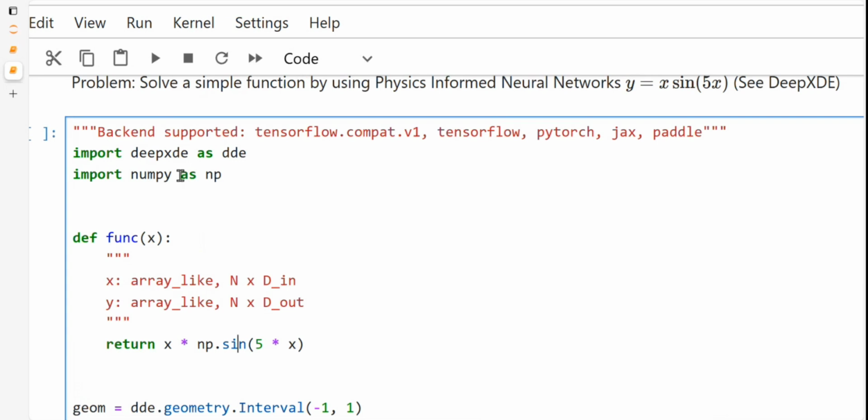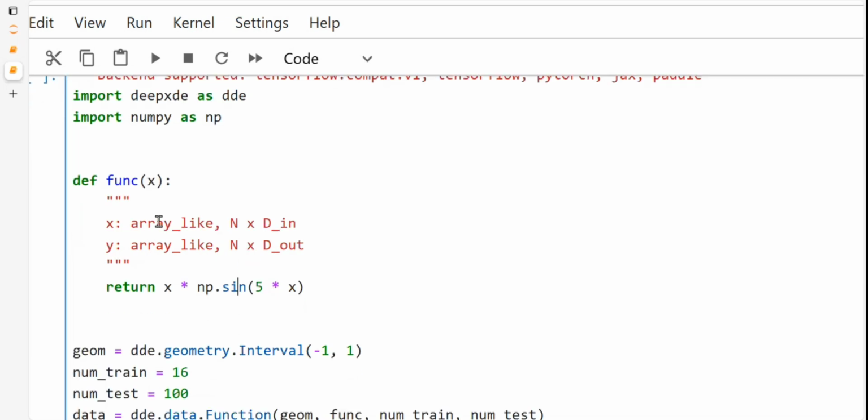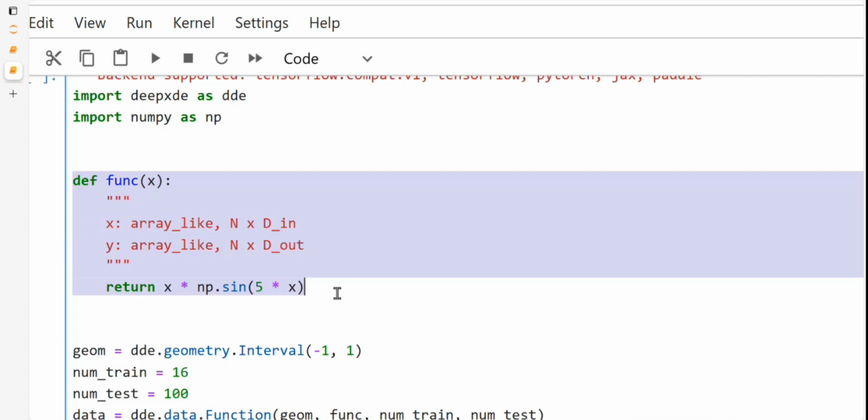Since we imported the library NumPy, all the trigonometric functions are defined in NumPy. So we evaluate sine by writing np.sin of the static x. That's how you define the function.